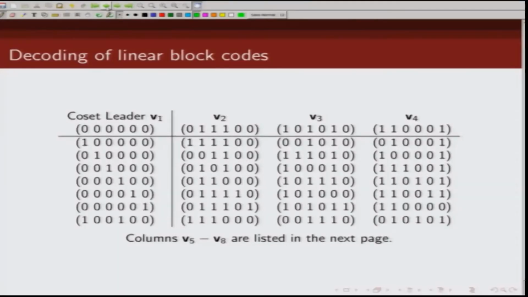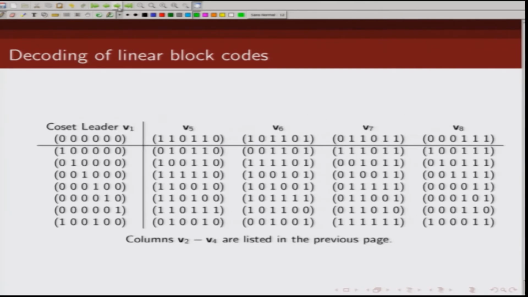Now, how do I find entries in the next row? As I said, I have to pick up a vector which has not appeared in the previous rows. So, let us look at what has appeared in the previous row. We had all 0 sequence here, we had a sequence which has 3 ones, a sequence which has 3 ones, a sequence which has 3 ones, a code word with 4 ones.